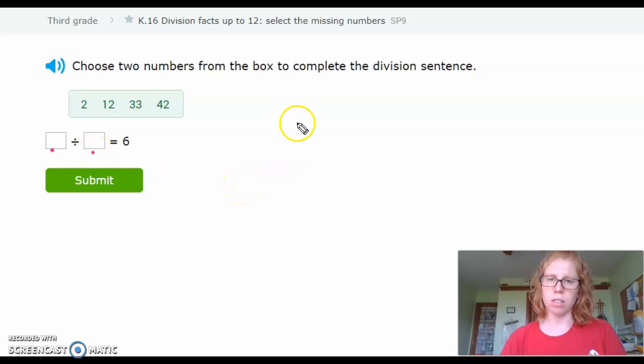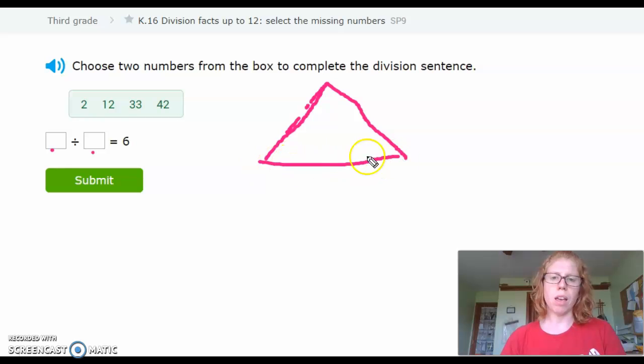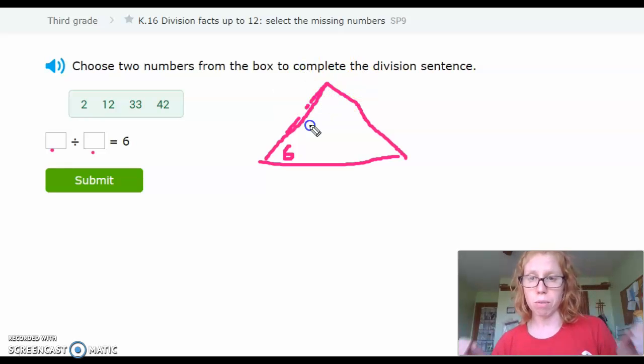So what I'm going to do quickly is draw a fact-family triangle to set this up in our minds. In our fact-family triangle, I will have 6 in one corner, the divisor in another corner, and the dividend on top. Now the dividend is the number that is being split up into different pieces.